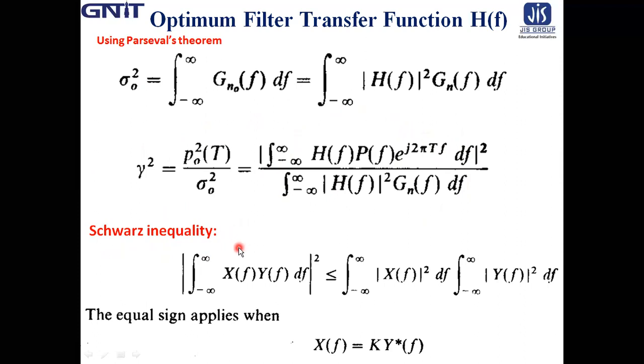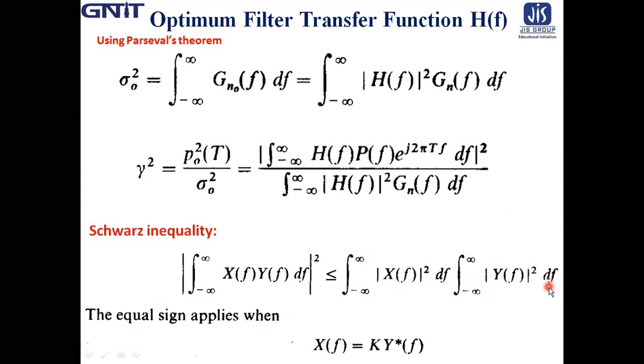Now what is Schwarz inequality? Schwarz inequality states that given arbitrary complex functions x(f) and y(f) having a common variable f, then the mod square of the integral from minus infinity to plus infinity of x(f) y(f) df is less than or equal to the product of the individual squares, that is the integral of |x(f)| square df and the integral of |y(f)| square df.